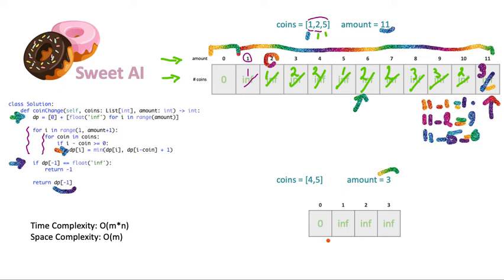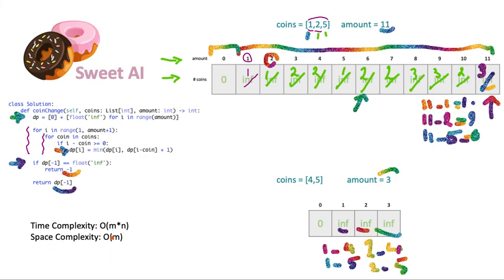Let's say the amount that we have here is 1, and 1 minus 4 is going to be negative. 1 minus 5 is going to be negative. 2 minus 4 is going to be negative, so we are not going to update this. 2 minus 5 is negative as well. And 3 is the same condition. So we are not going to update any of this. And if dp[amount] is infinite, we are going to return minus 1, which means we could not make the amount with the given coins.